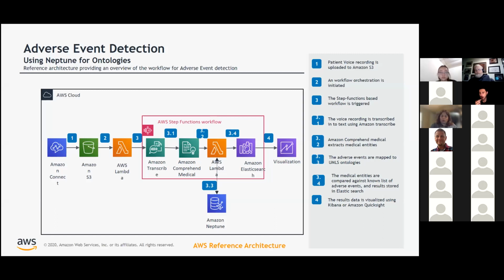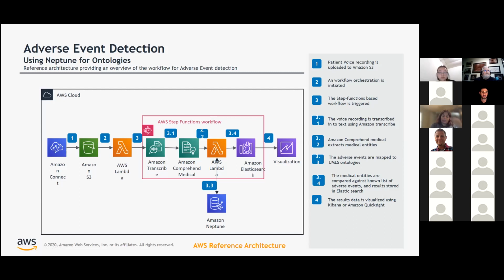Comprehend Medical is going to detect the medical entities in your text, and then it goes to step 3.2. If, let's say, the patient says that I am anxious or I have fever, Comprehend Medical is going to detect that word, and that will go into step 3.2.